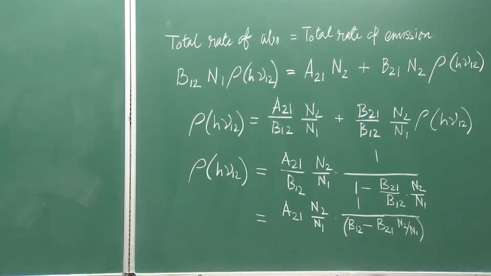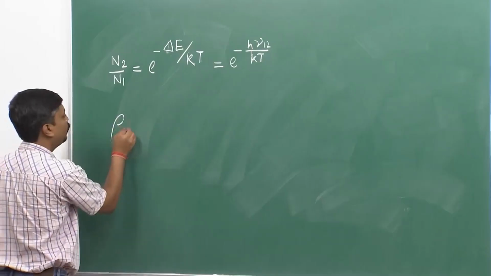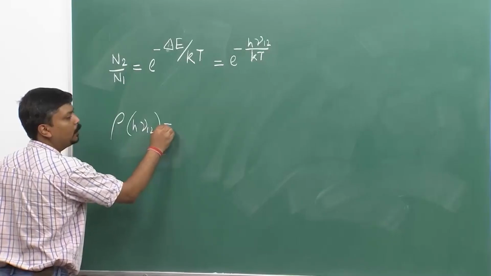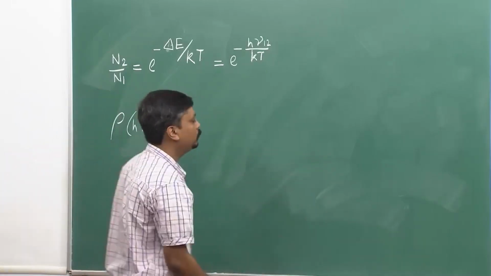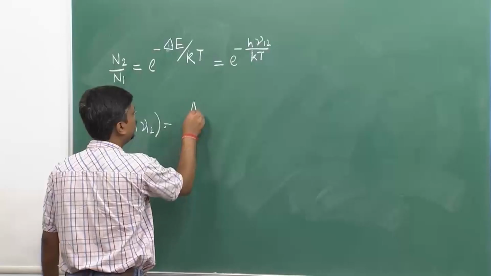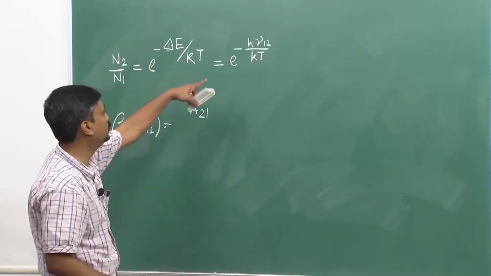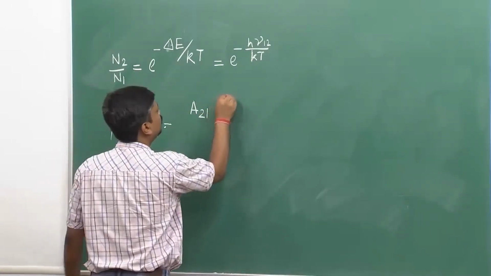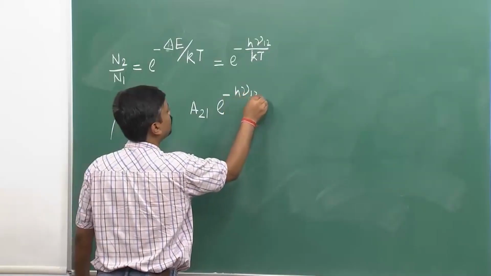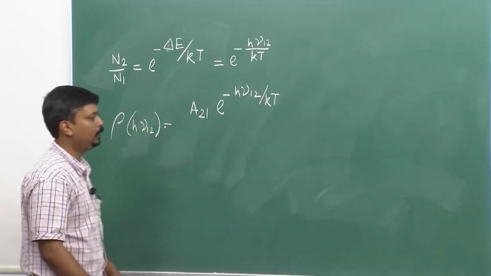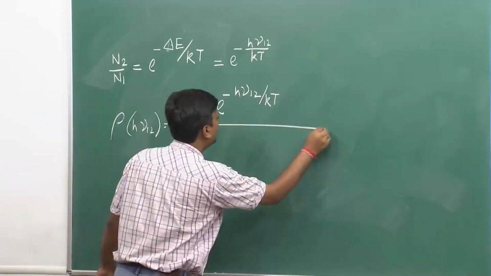If I just rewrite here, again rho h nu 12 equal to, if I look at there, I have A21 multiplied by N2 by N1. So, I will use this value, e to the power minus h nu by kT. Then in the denominator what do I have?